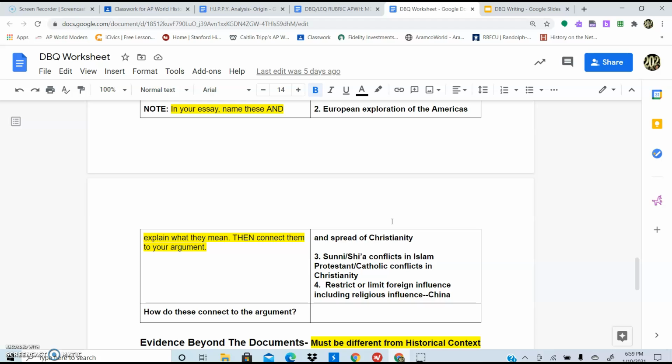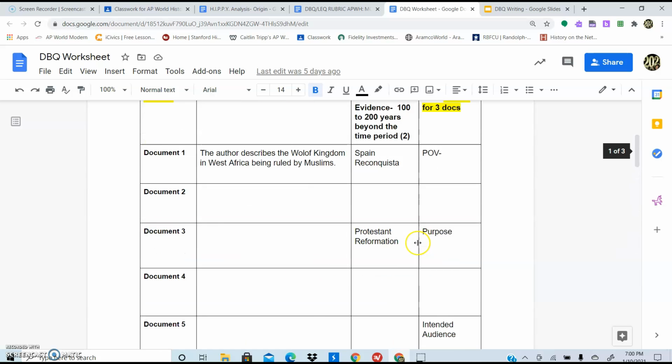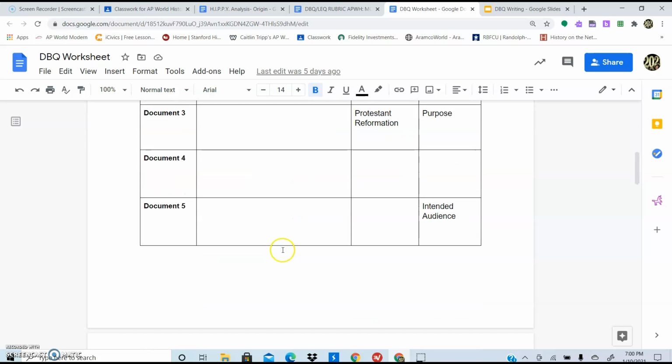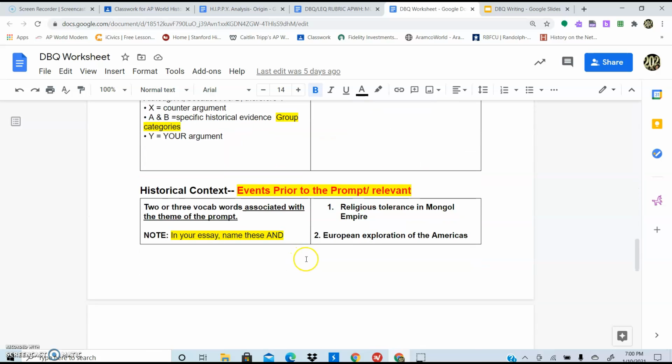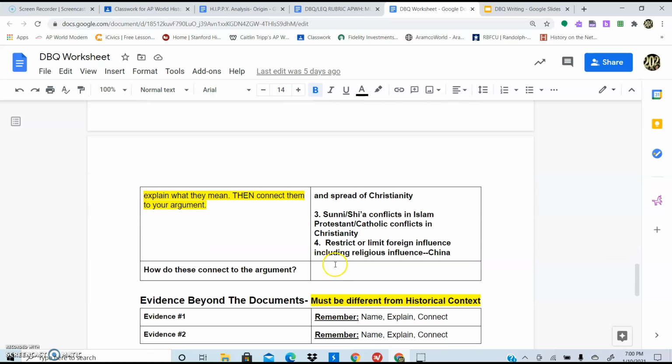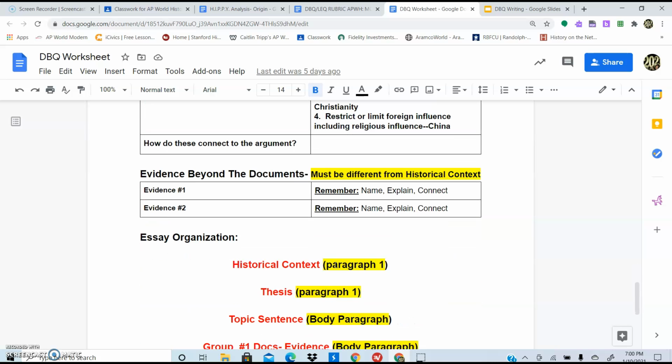So those are a couple of things that you can name, explain, and then connect to your prompt, which is here. And don't forget, it asks you to evaluate the extent to which states in the period between 1450 and 1750 practiced religious tolerance. If you look back at these contextualization examples, they all deal with religion and how different groups tolerated those religions.